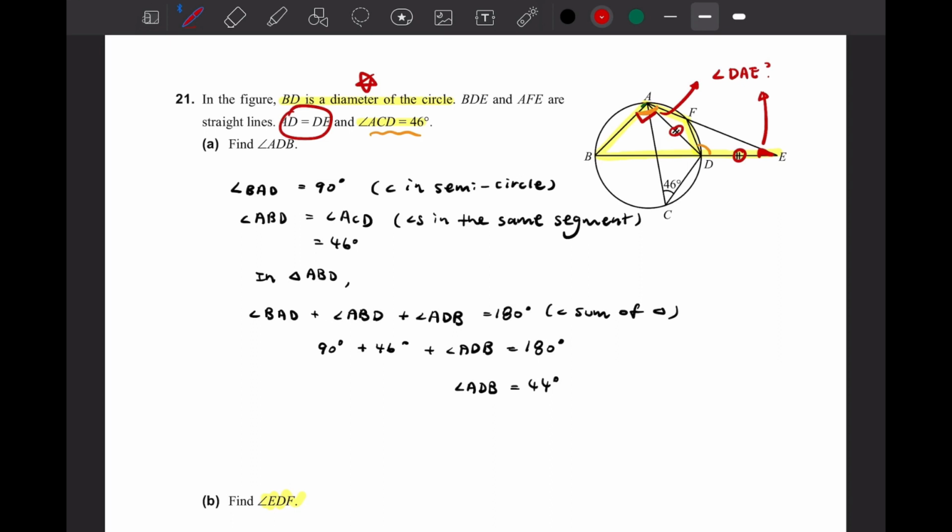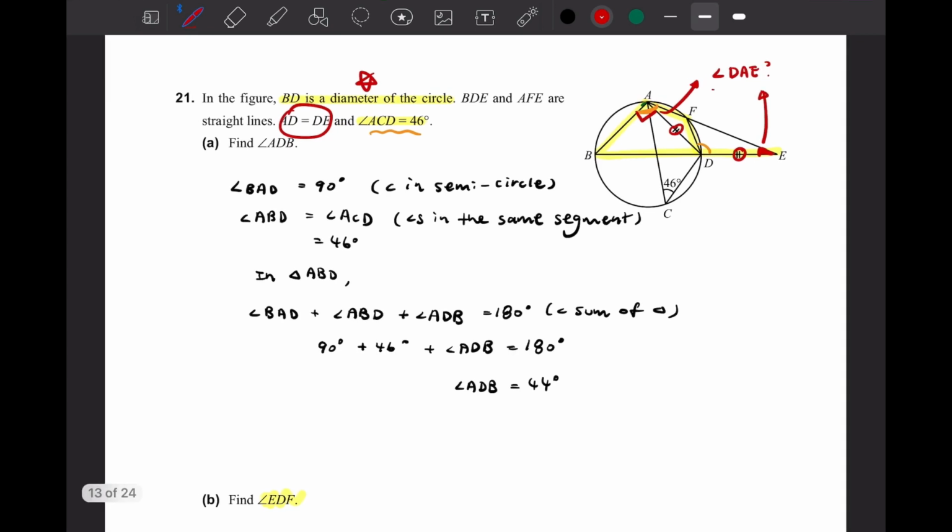Okay, but obviously this third one is not going to be your ADE, because that part EDF, we do not know it, and that's what we want to find eventually, isn't it? So we have to find this angle DAE or angle DEA in order to find FDE. So therefore, don't try to think about your ADE.